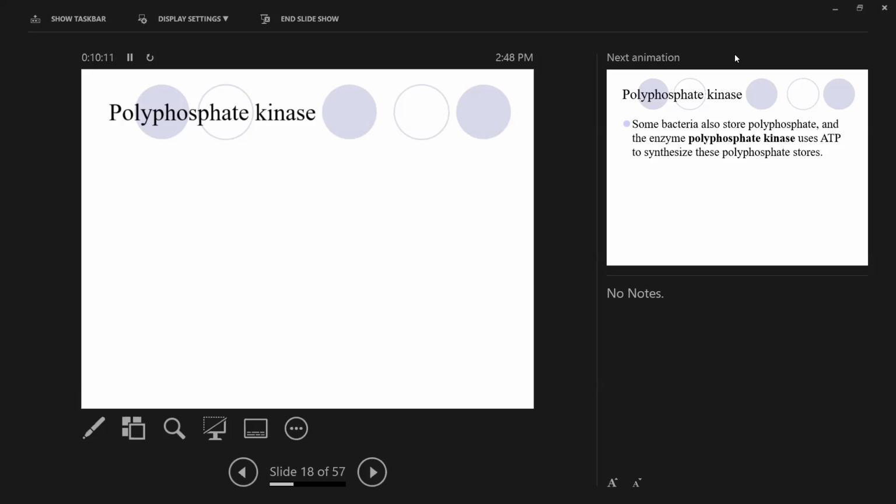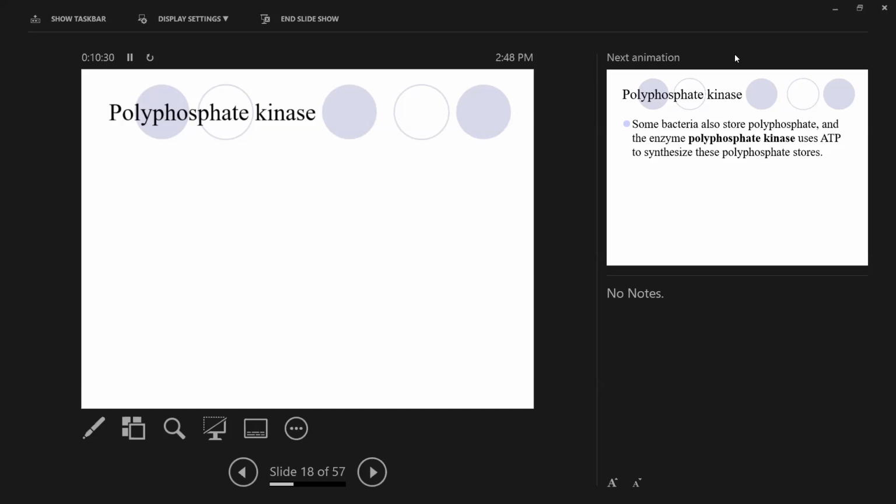So it's a polyphosphate body. Bacteria tend to use this. And you see them in bacterial cells if they're very well fed. And you can see these little dense bodies kind of floating around in them.